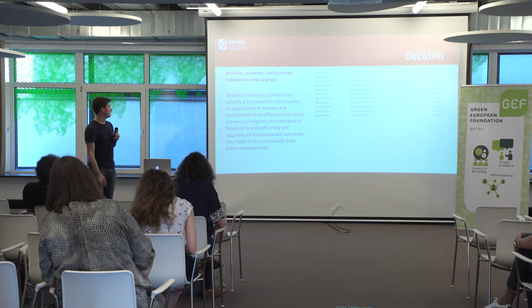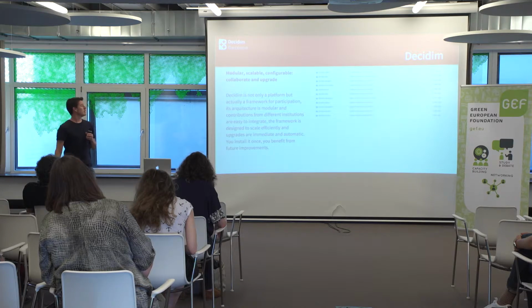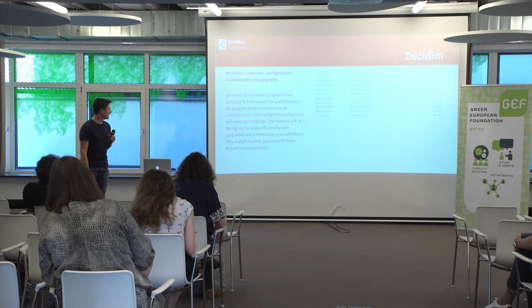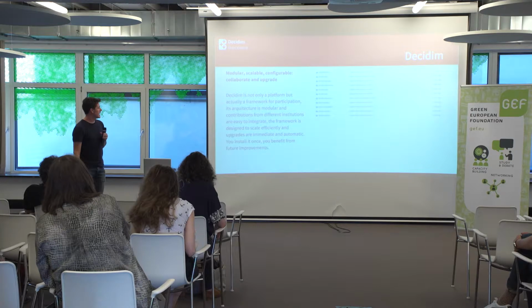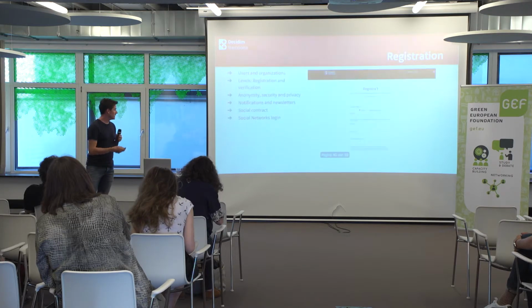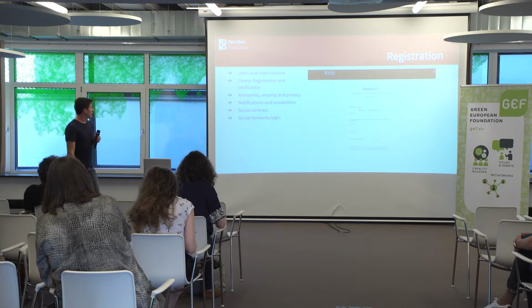The platform is written in Ruby, Ruby on Rails, the framework and the programming language. And for the moment we have created these modules that you can check in the GitHub project because it's open. How does it work? Let's go inside the Decidim.